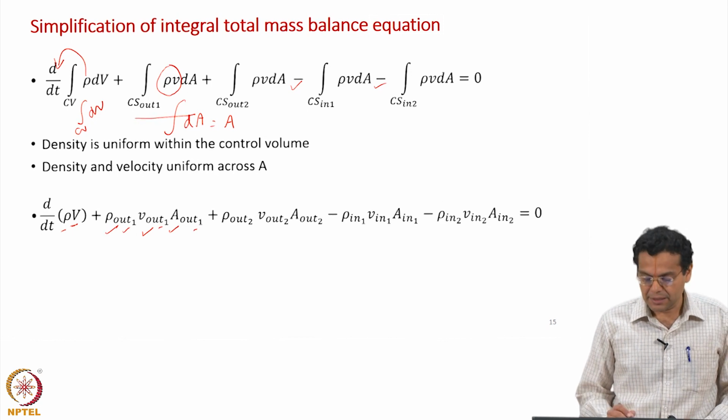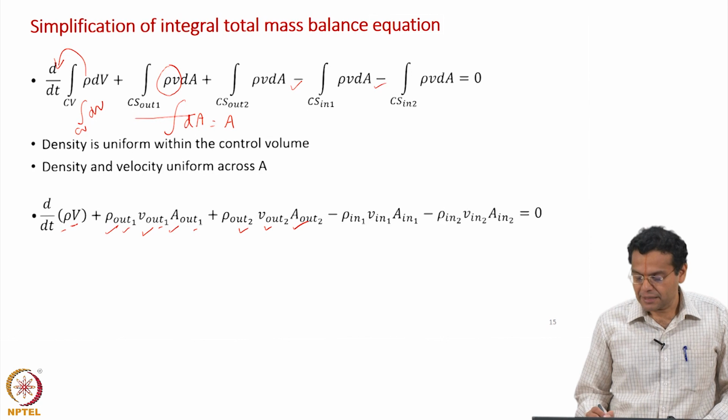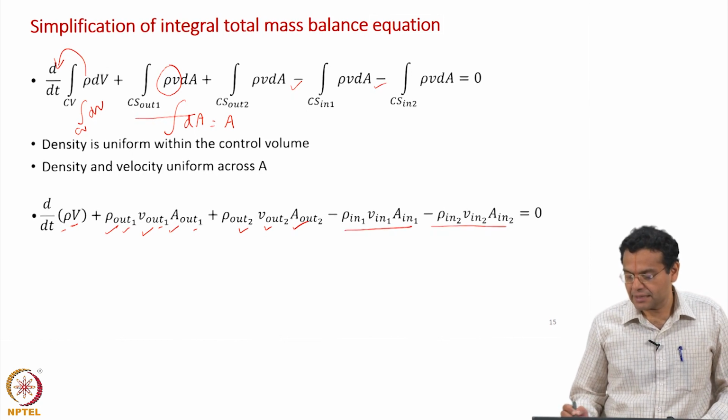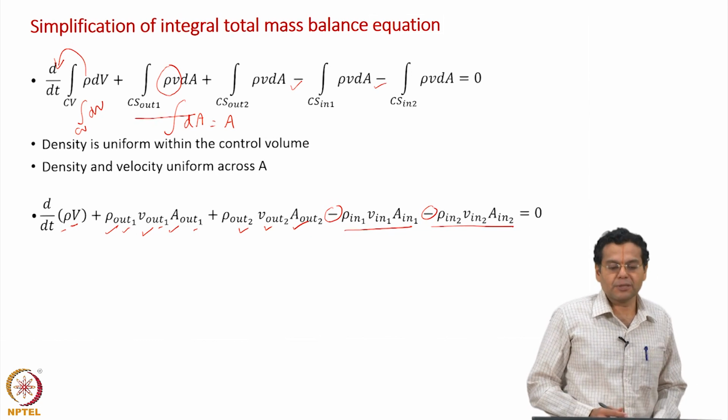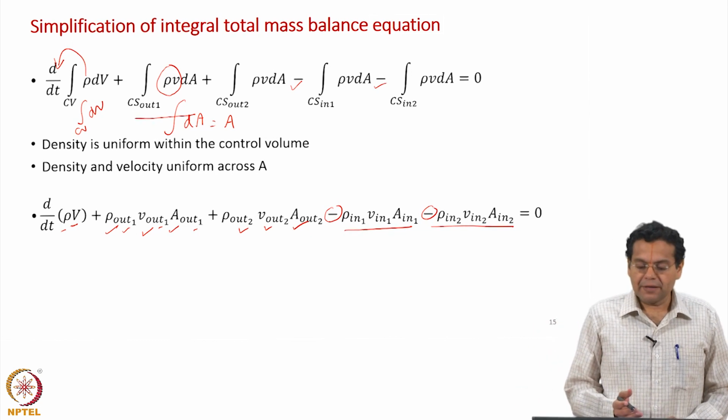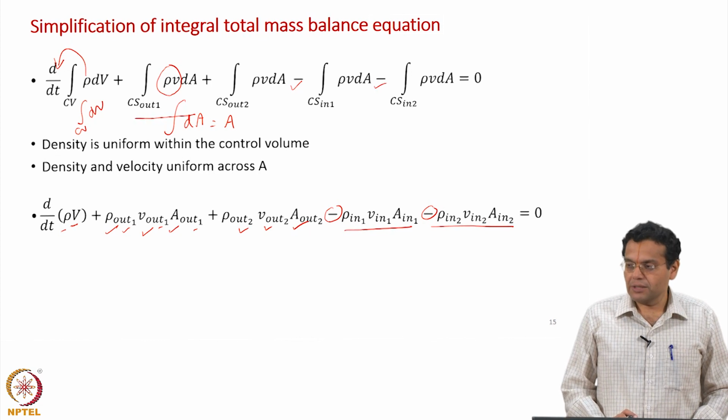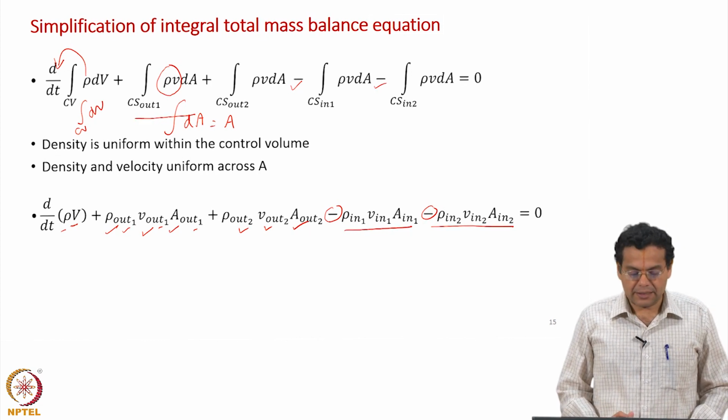Similarly for the second outlet, the first inlet and the second inlet, of course remembering that we have a negative sign here. Otherwise, conceptually in every term we take out rho and V, and the integral of dA becomes A.